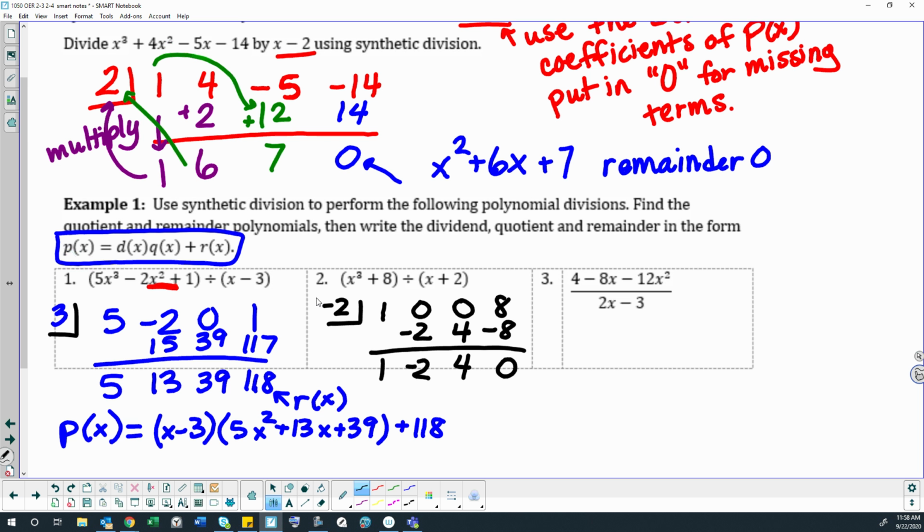I don't know if you recognize that x cubed plus 8 is actually a sum of cubes: x cubed and 2 cubed. And so we actually have those factors that you learned from the sum of cubes. So p of x is equal to x plus 2 times x squared minus 2x plus 4, remainder 0.